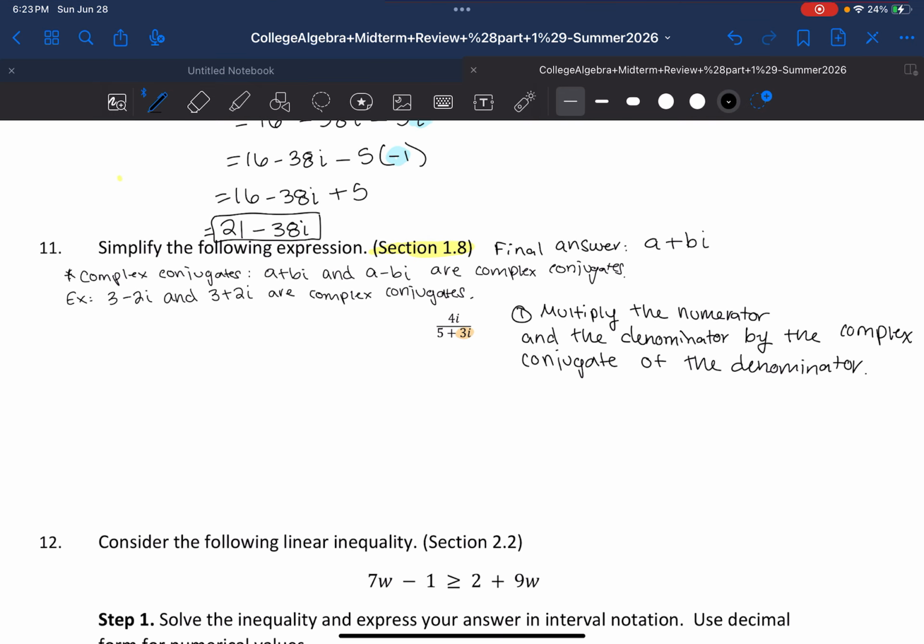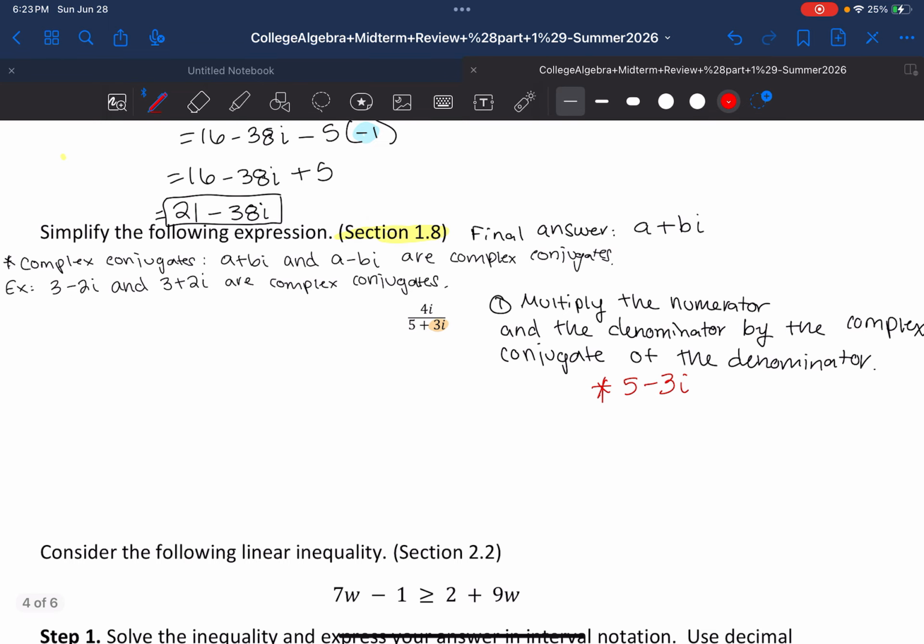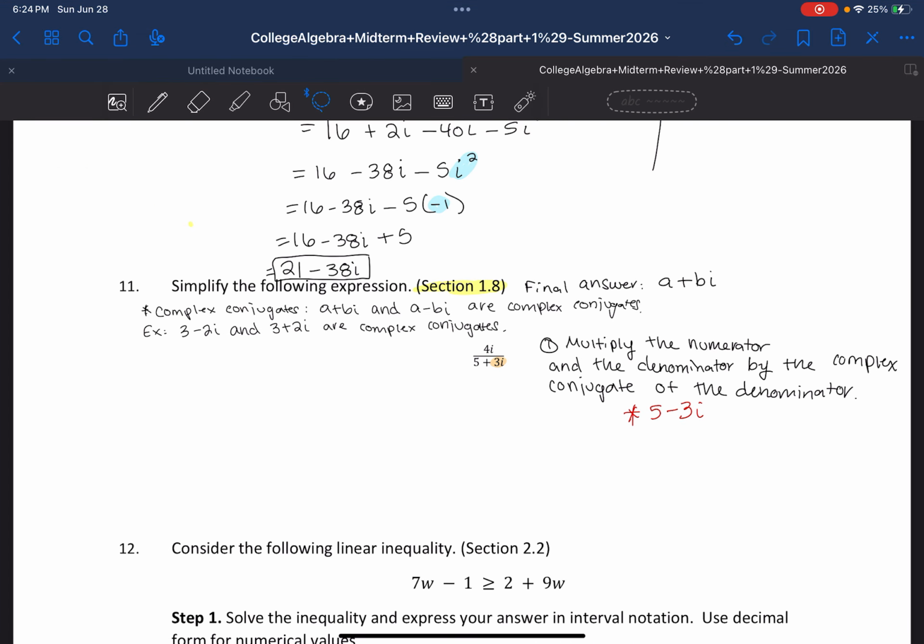So we're going to multiply the top and bottom of this fraction by the complex conjugate of that denominator. The denominator is 5 plus 3i. So the complex conjugate would be 5 minus 3i. You're just changing the sign in the middle. So that is always step 1.